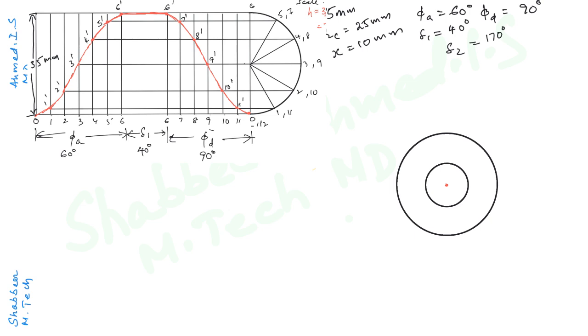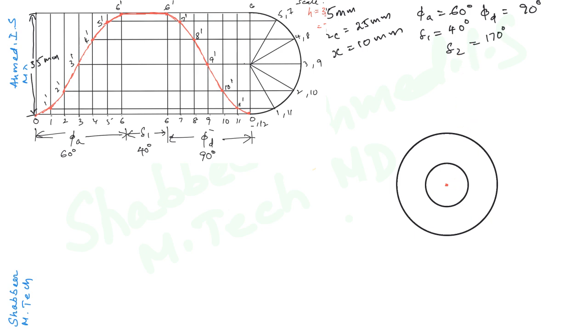So this is the center of the cam and this is the offset, this distance is 10 mm. So from here we have to draw a vertical tangent. So the axis of the follower must be along this tangent.